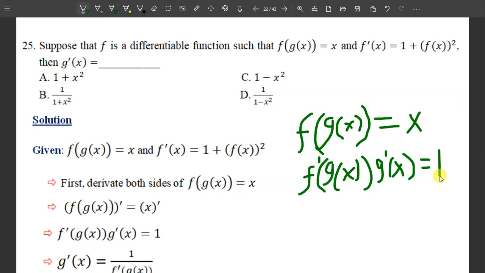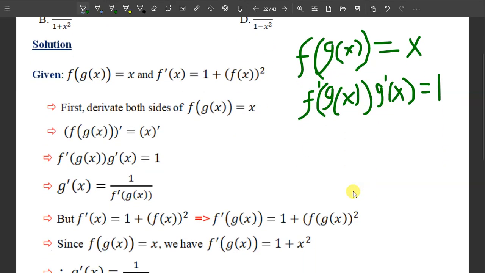Now, to save time, let us see the one I have already solved here. The derivative of f of g of x must be equal to the derivative of x on both sides, and then it becomes f prime of g of x times g prime of x is equal to 1. Since we are asked to determine g prime of x, we divide both sides by f prime of g of x, which becomes g prime of x is equal to 1 over f prime of g of x.